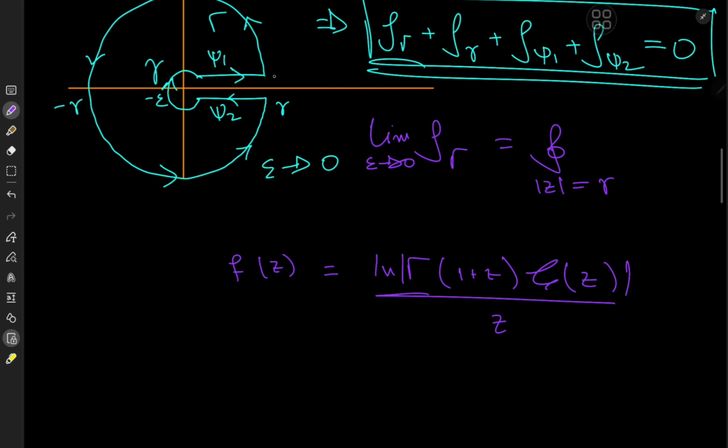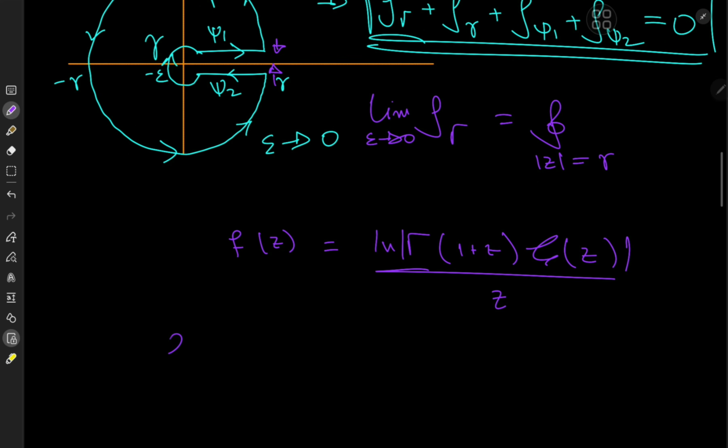So as epsilon tends to 0, and you bring these two straight lines in towards each other, they become exactly the same line, but traversed in opposite directions. So this means that the integrals over psi sub 1 and psi sub 2 both cancel out quite nicely.